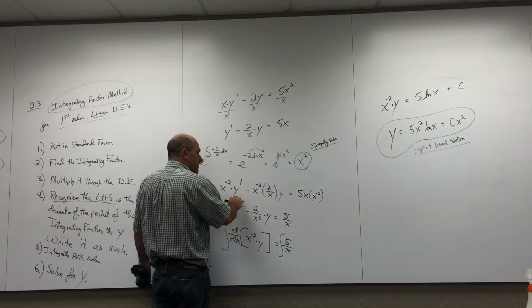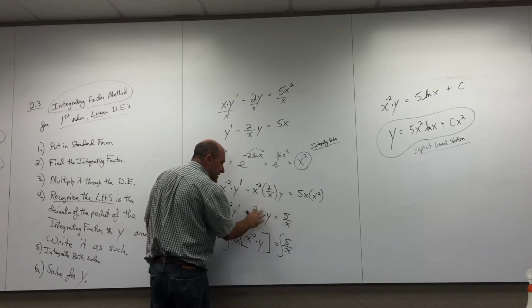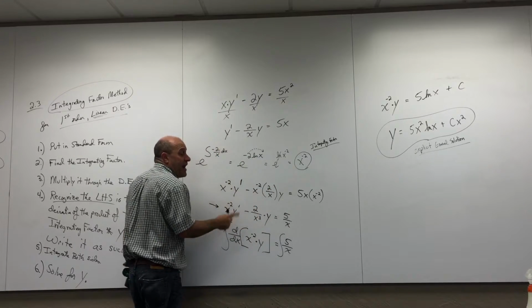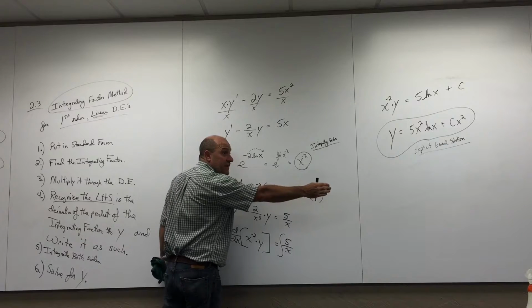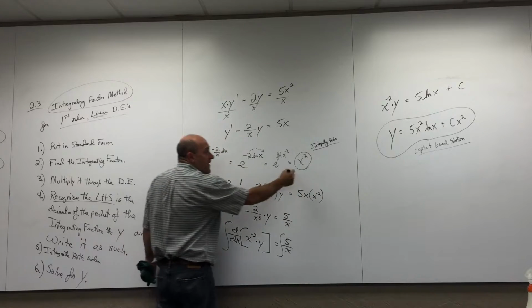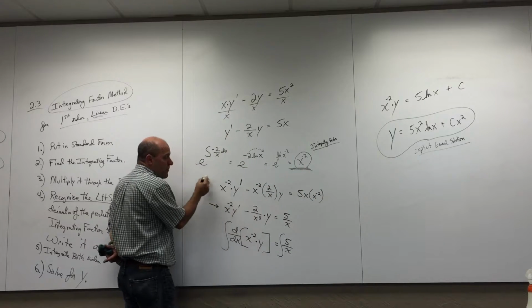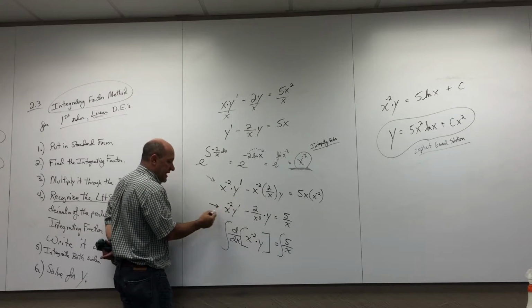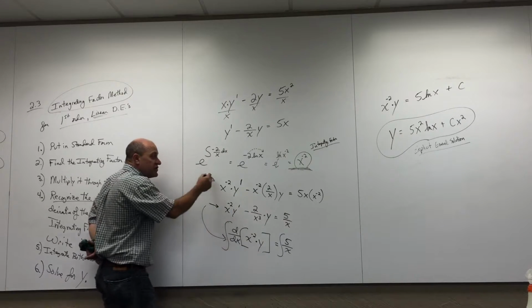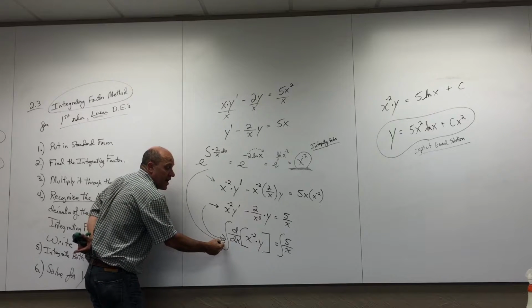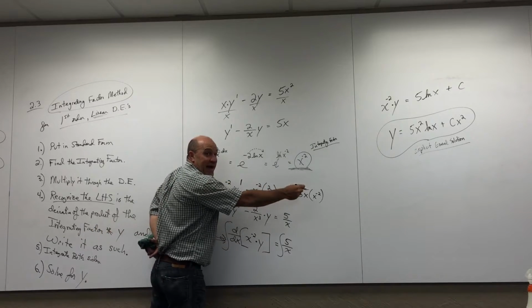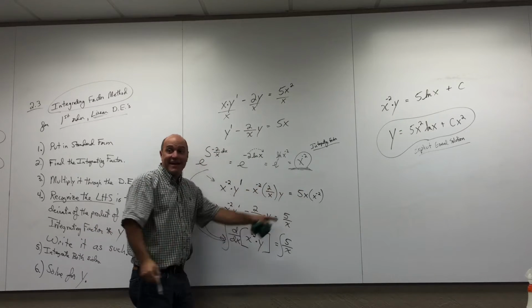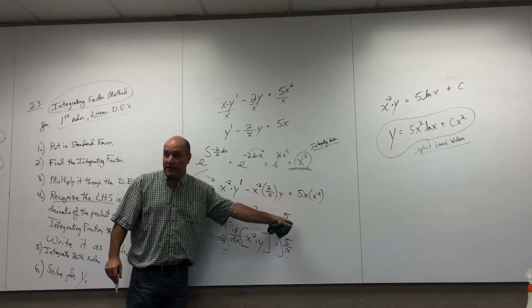You might forget the multiply through step, because once you find the integrating factor, you do multiply through. After you multiply through, you just recognize that it's actually this. So you could sort of skip to this. Except, what did you do in there? You did multiply through by it. So you got to make sure your right-hand side gets multiplied through by the integrating factor.